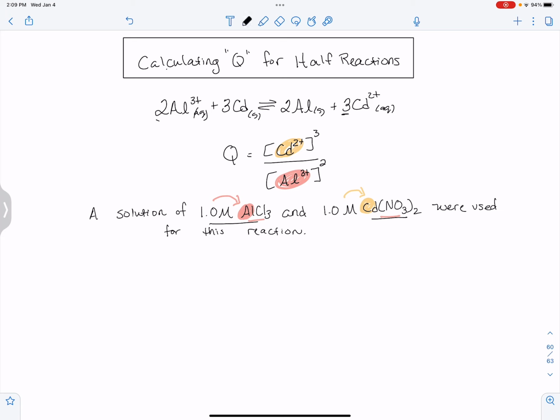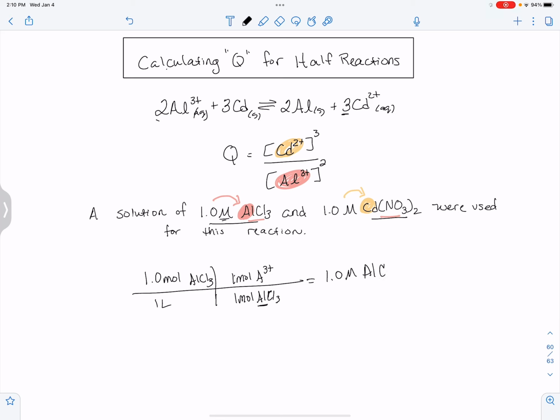So again, we've done this multiple times now. I'm going to do this one, 1 mole per liter of AlCl3. That's the molarity. This is the same thing as saying moles in 1 liter. And then in 1 mole of AlCl3, I have, notice there's an understood 1 there, so that's 1 mole of Al3+. Now when I do that, I can see that that's 1 molarity of Al3+.